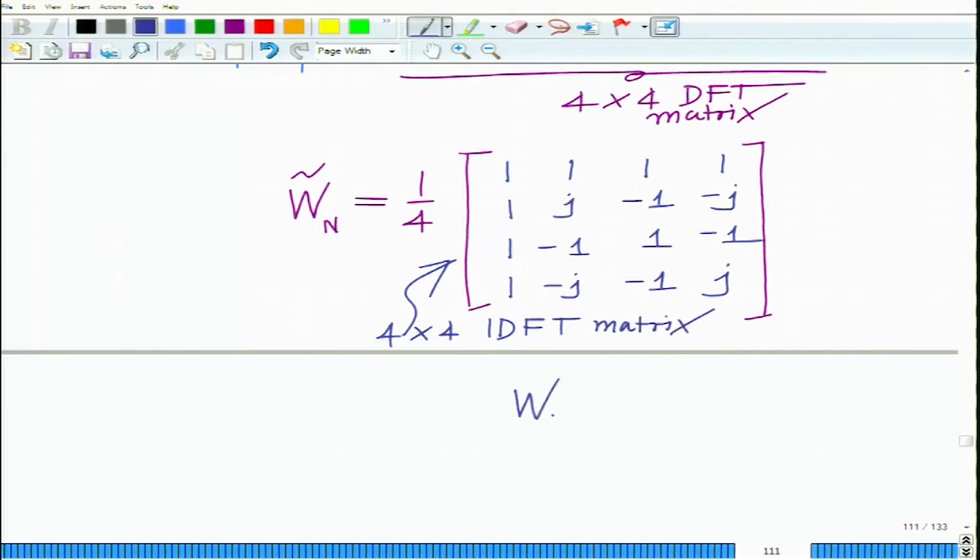Here we have used the property Wn tilde equals 1 over n Wn conjugate, in this case specifically n equal to 4.